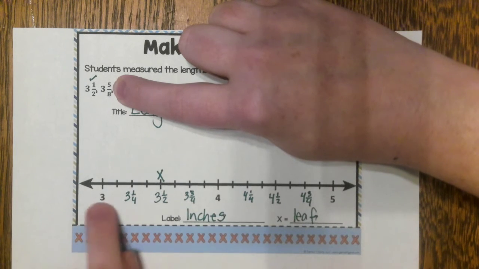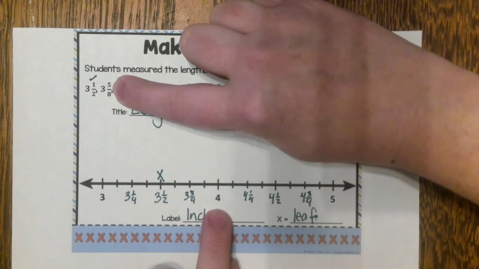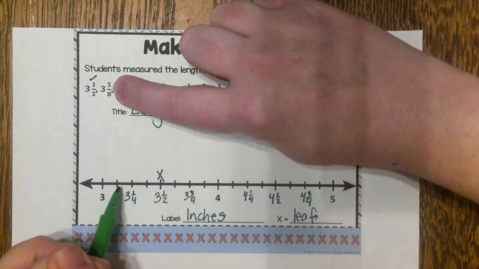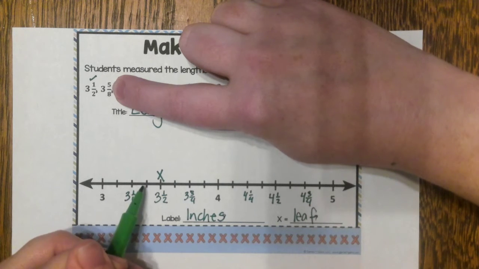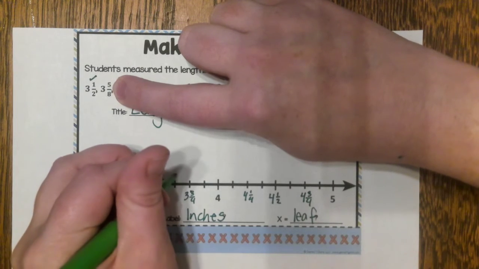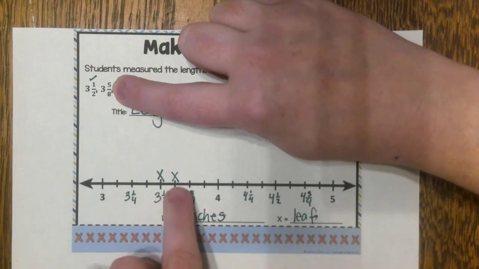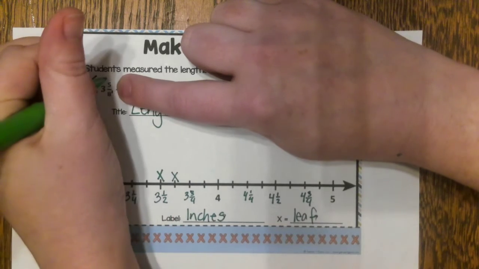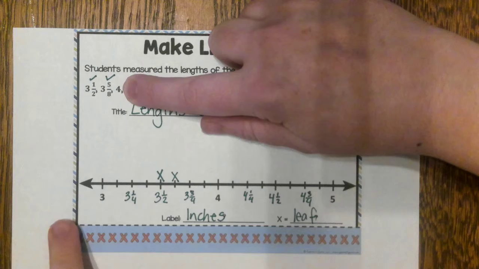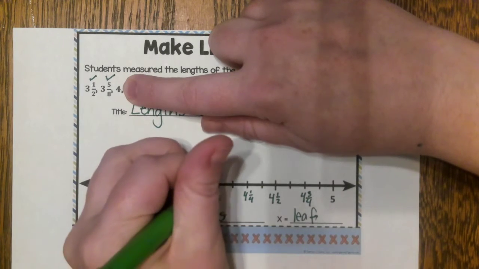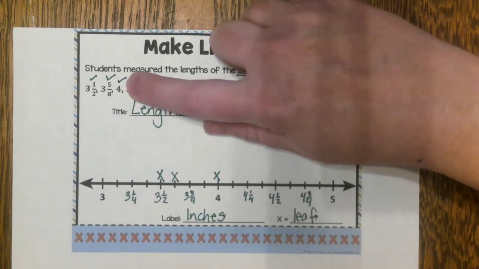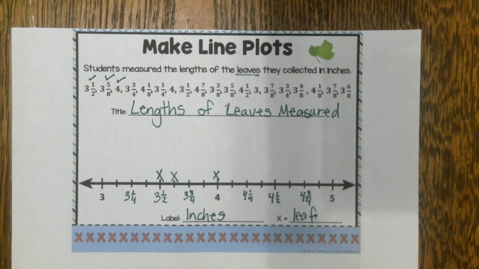I know it's going to be in between 3 and 4, so now I'm going to count my eighths: 3 and 1/8, 2/8, 3/8, 4/8, 5/8. 3 and 5/8. 4, that one's easy. And I'm going to continue along and plot all of these X's.